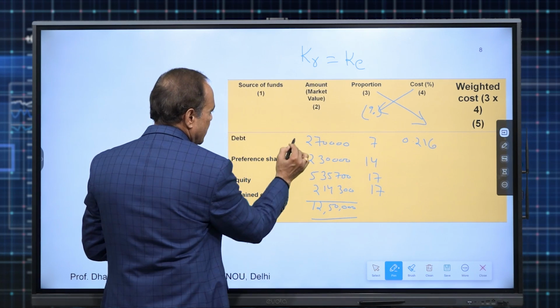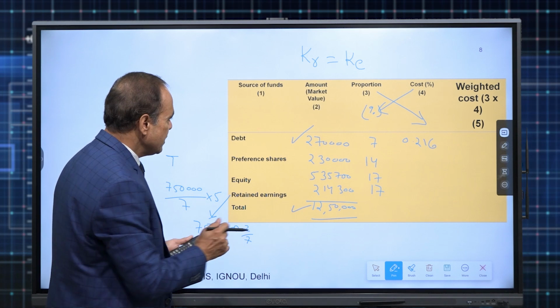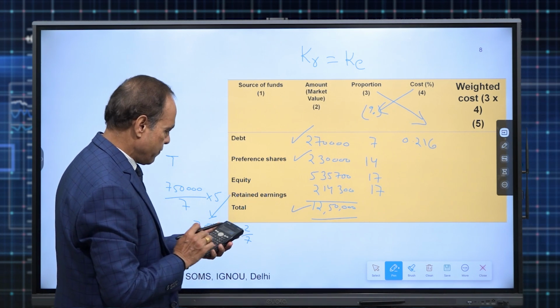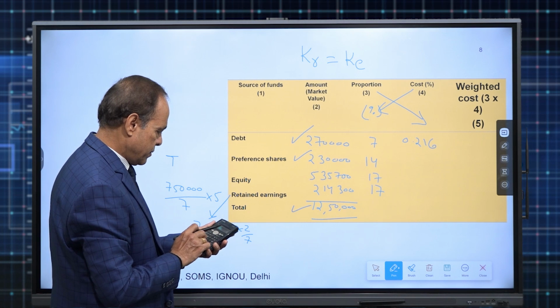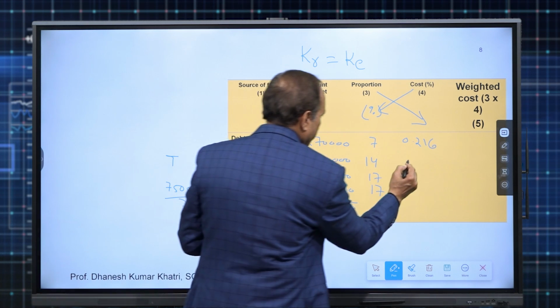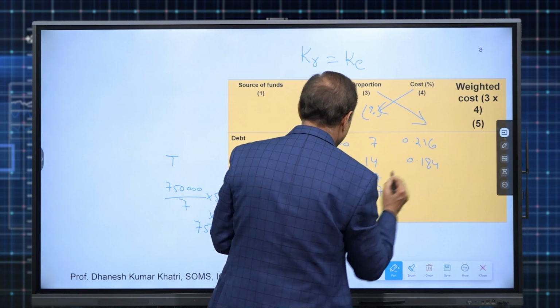So how does this come? 270 divided by 1250. Similarly, 230 divided by 1250 gives 0.184.